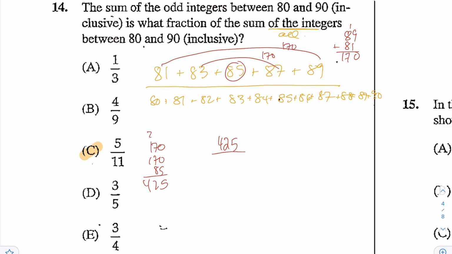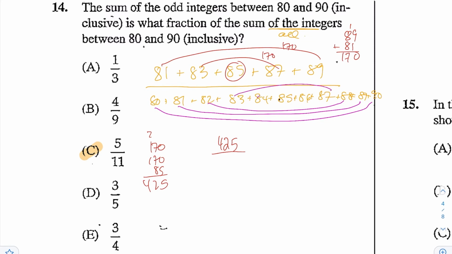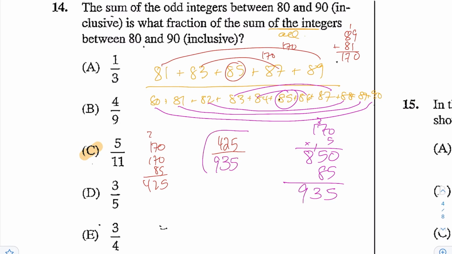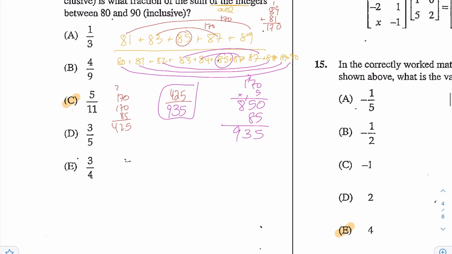All right, and then for the bottom part, I have 80 to 90. So you have 1, 2, 3, 4, 5 pairs, and it's 80 plus 90, which is 170. So it's 850, and you still have that 85, to have 935. All right, and then you just want to simplify this fraction.